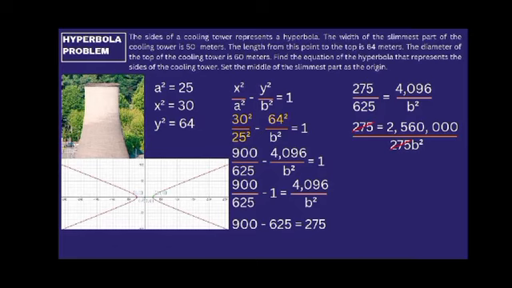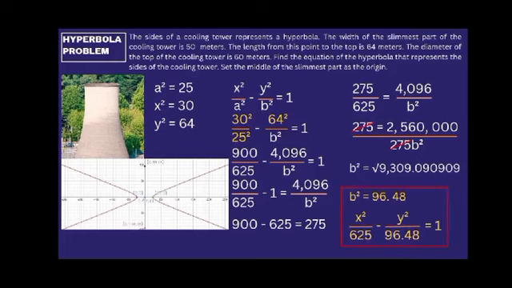We can then divide both sides by 275 until all we're left with is b squared equals 9,309.0909, or just 9,309.09. This is how we got the final answer of x squared over 625 minus y squared over 9,309.09 equals 1.